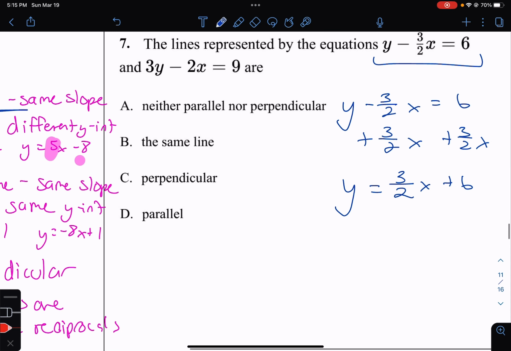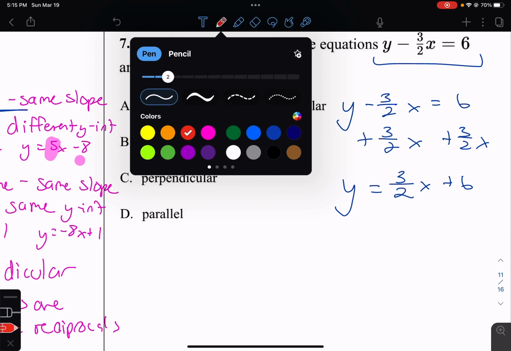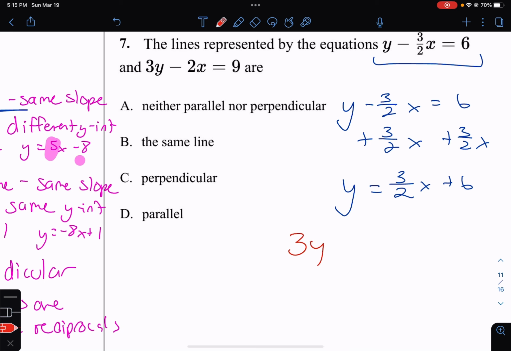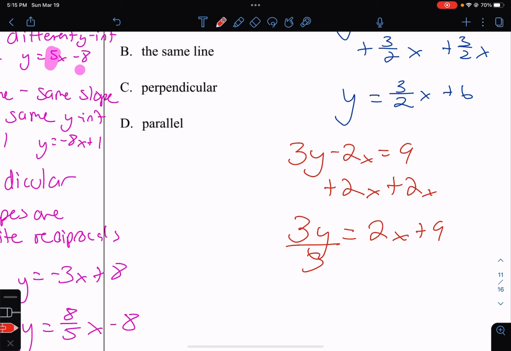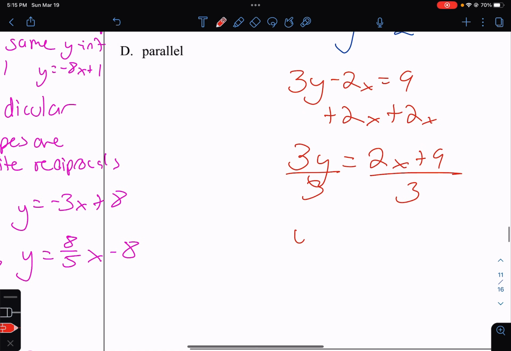All right, and then we've got this one here. We've got 3y minus 2x equals 9. We're going to add 2x, we get 3y equals 2x plus 9, divided by 3. So we get y equals 2/3 x plus 3.